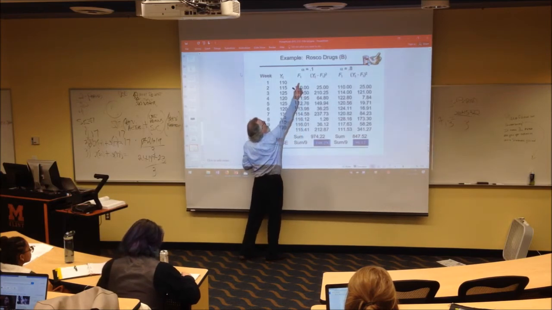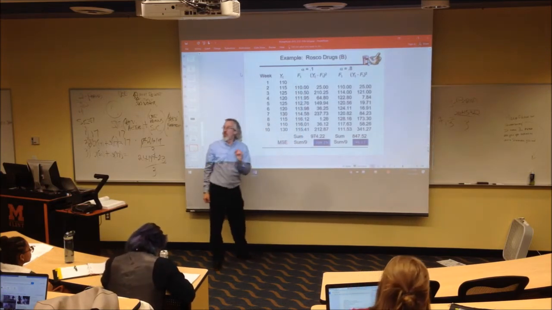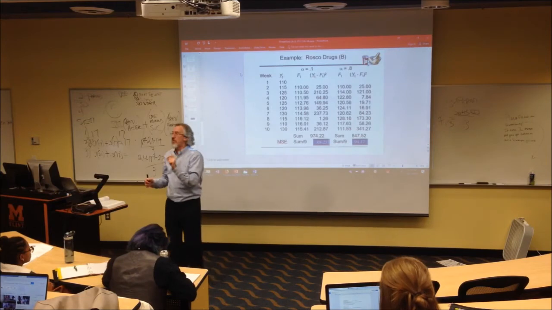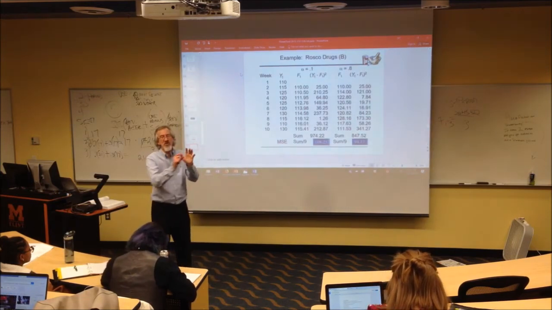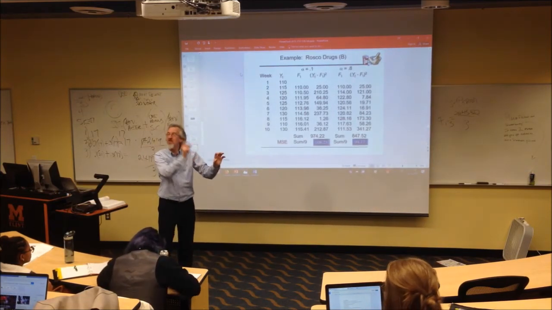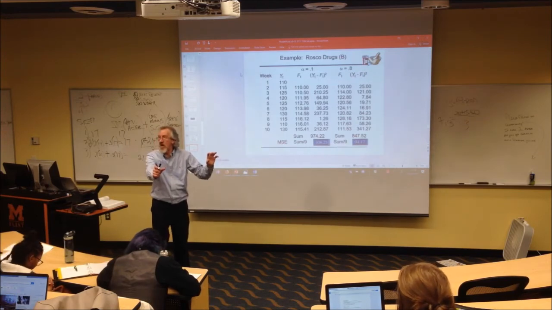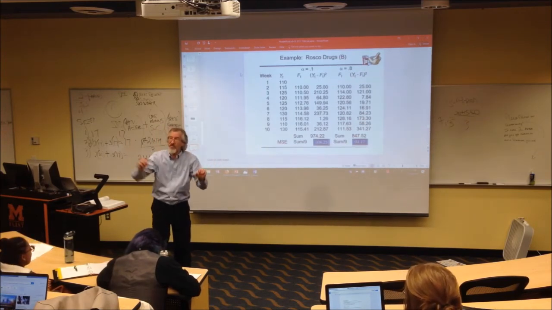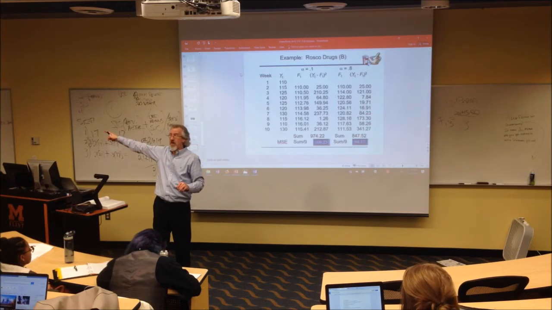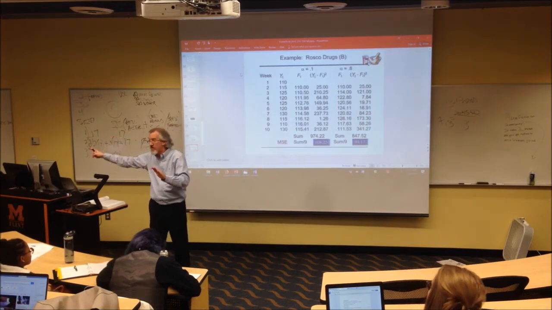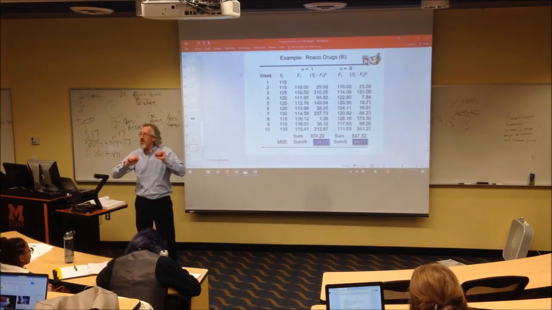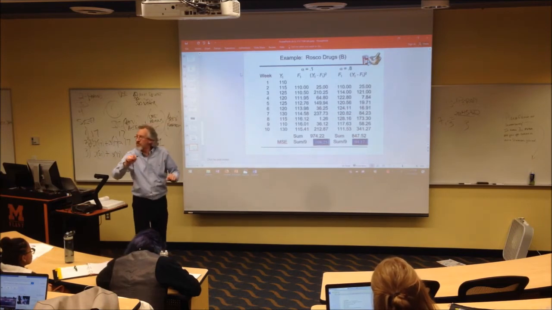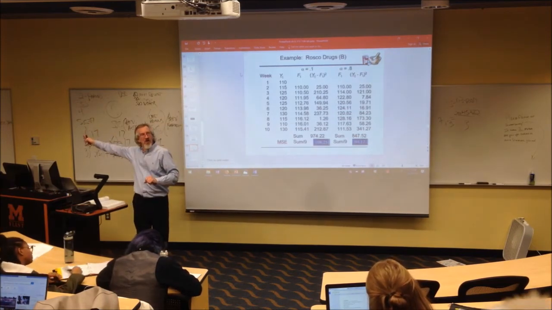But notice, the forecast isn't there for period 1. Because we didn't calculate the forecast for period 1 in exponential smoothing. We just said, whatever the actual is, the forecast. No calculating was done. And it cannot be used for these calculations, MAE or MSE, in exponential smoothing. Exponential smoothing again. Never use the first forecast in your error calculation.